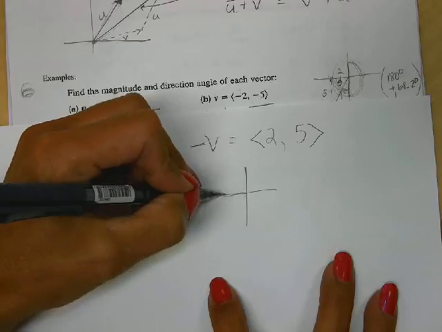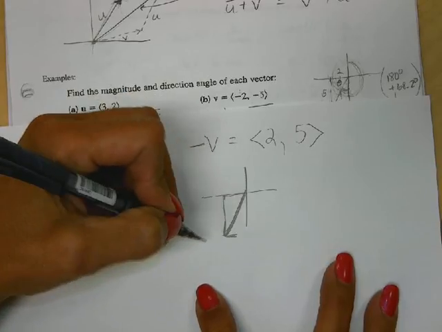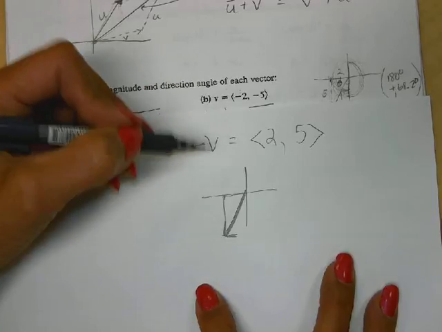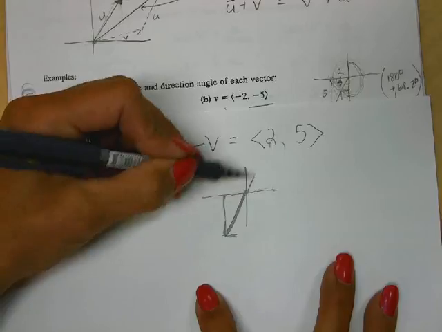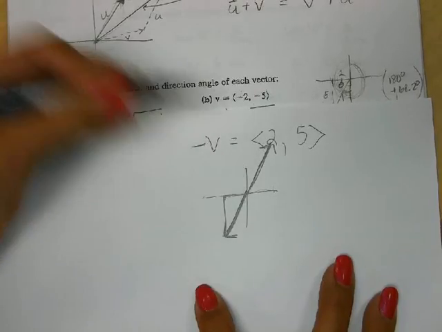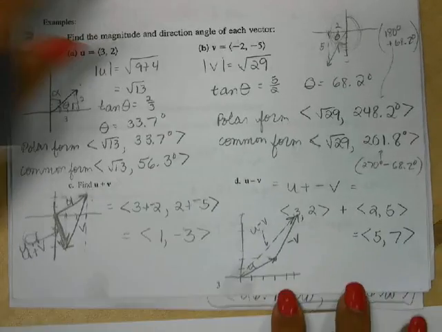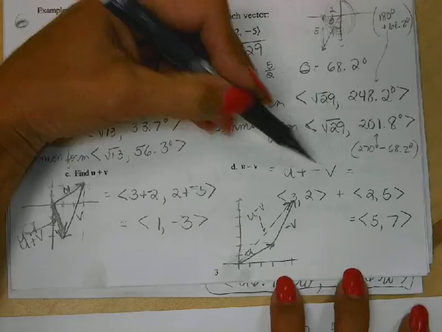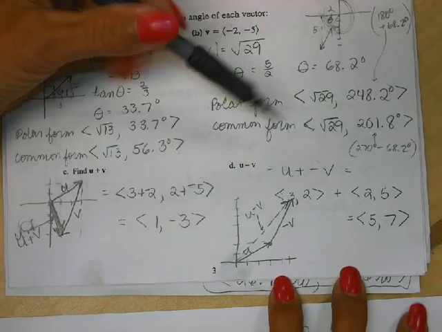It is kind of like you're distributing through a -1 to both these components. Vector v goes left and down, and vector -v will go right 2 and up 5. It will be the same length, however it will go in the opposite direction. They would be parallel to each other.